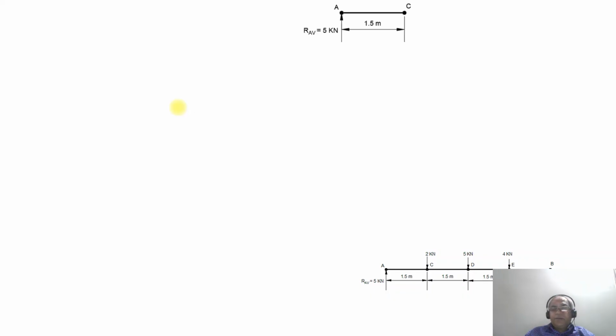First we're going to start from A to C. Here 5 kilonewton is acting upwards, and at the point C we don't consider the load now. So first, what is the shear force at the point A? Shear force at the point A to the section acting upwards is positive, so 5 kilonewton is positive.